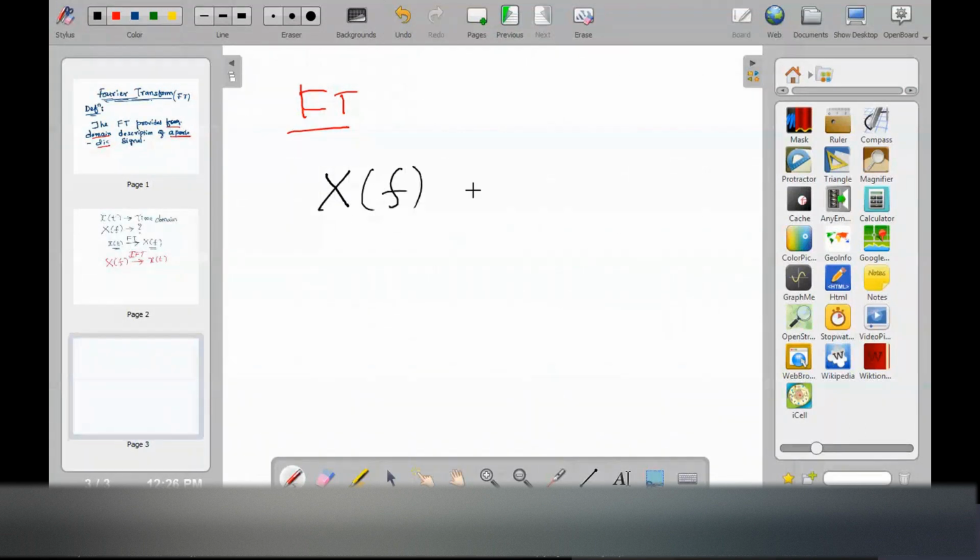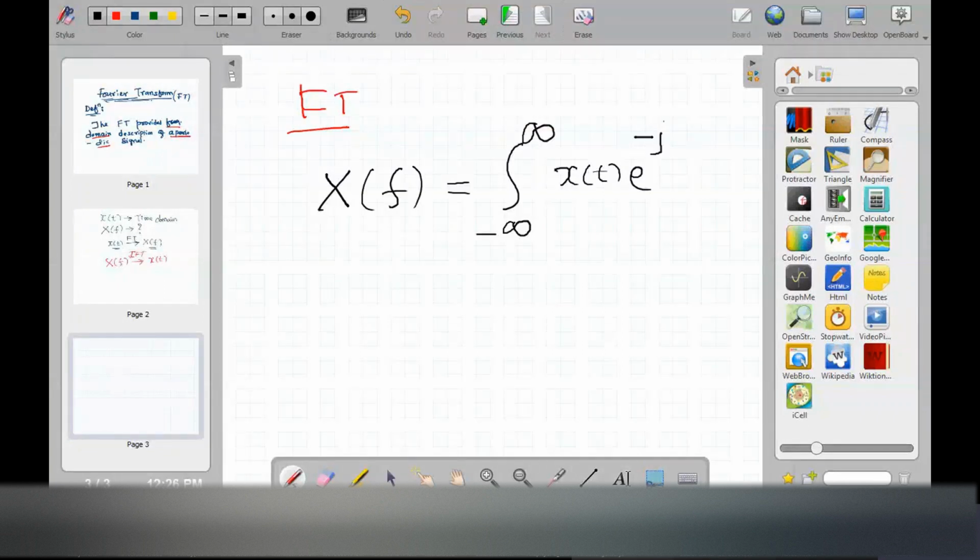X of f equals the integration from minus infinity to plus infinity of x of t times e to the power of minus j 2 pi f t with respect to t. So this is the equation used to calculate what you are going to call the Fourier transform.